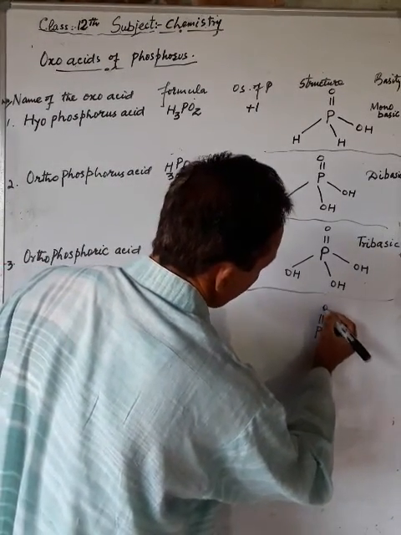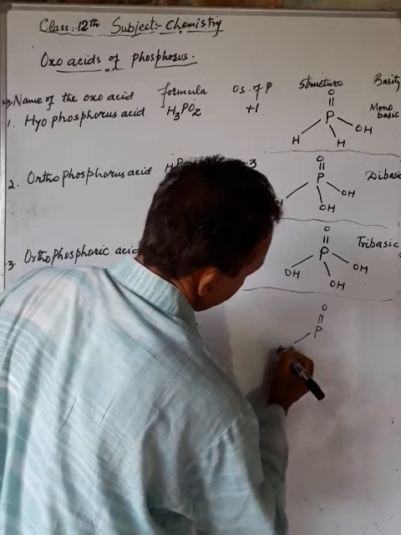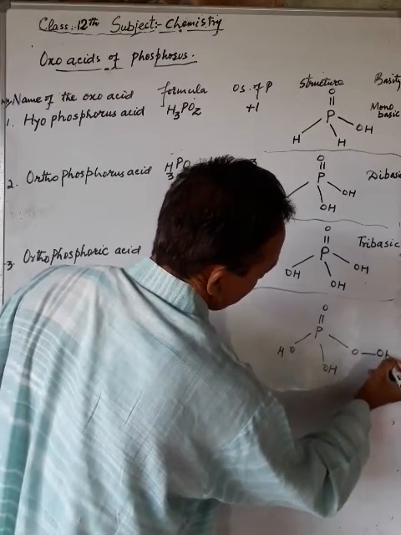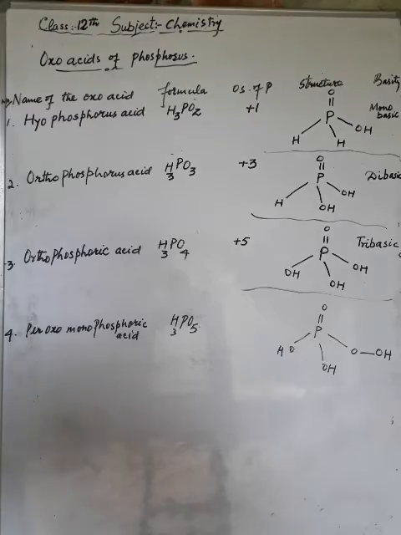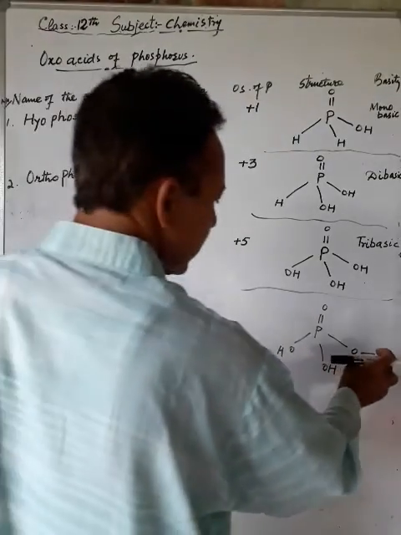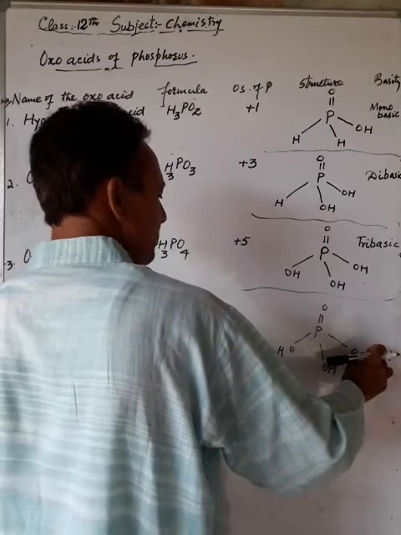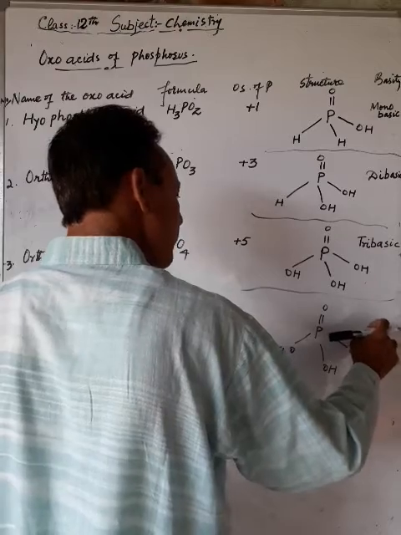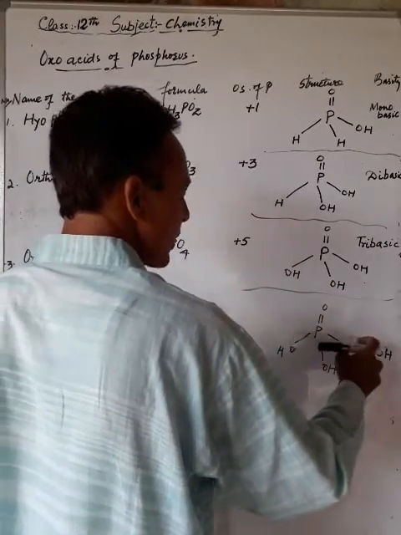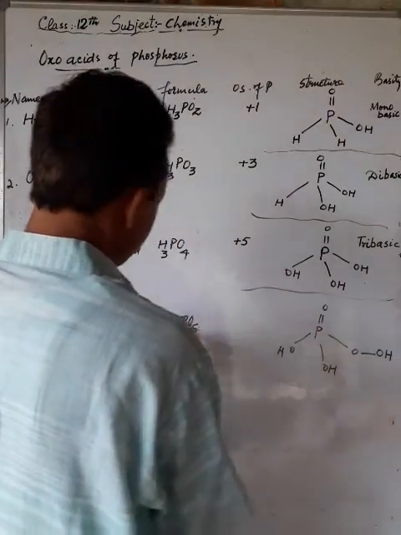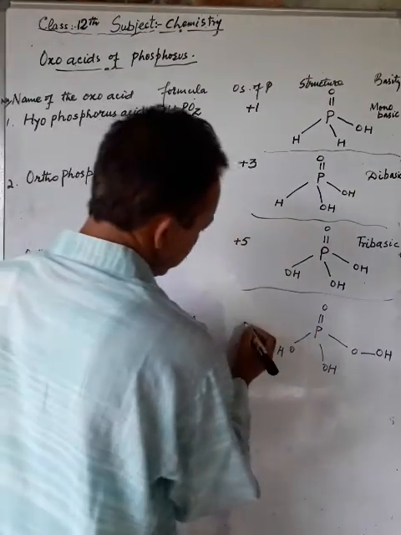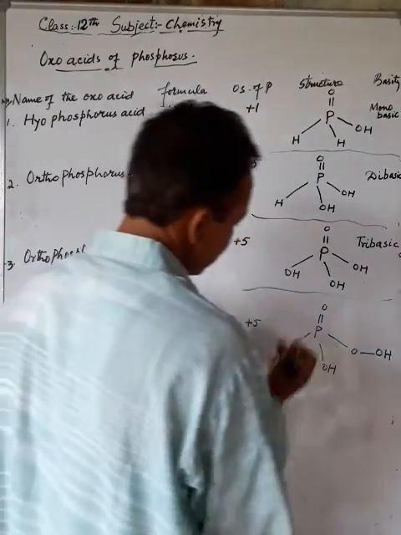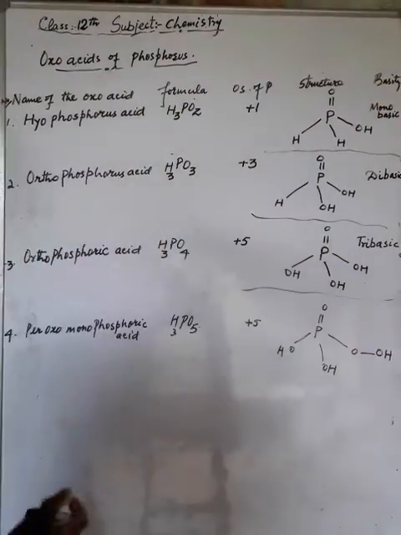Its structure is O, OH, OH and O, OH. Again, it is tribasic, and here these are peroxide oxygen atoms, so the two have -2 oxidation state. So -2, -2, -2, -2, -2 is 8, and subtracting 3, it is in +5 oxidation state. In some books it is shown as +7, but it is +5 oxidation state.